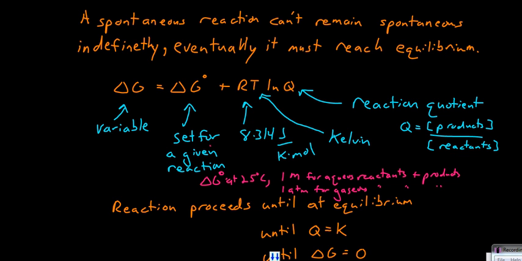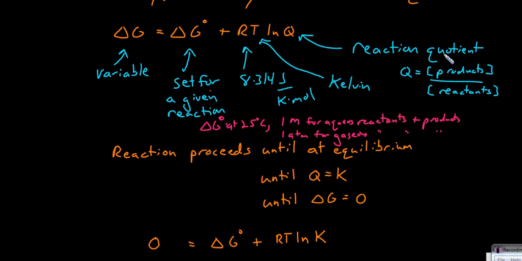So, yes, a reaction will proceed until it's at equilibrium. It will proceed until Q is equal to K, until delta G is equal to 0. And so considering that, we can take that original equation and replace delta G as 0 kilojoules per mole at equilibrium, and replace Q with K, the equilibrium constant at equilibrium.